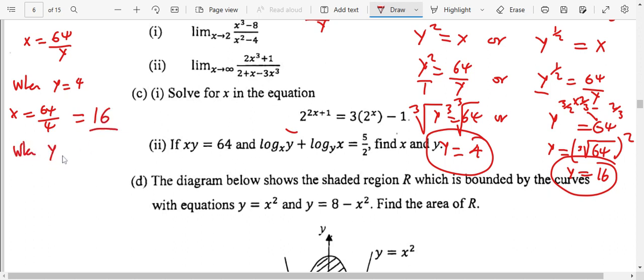And then when y is equal to the other value found, 16, then x is going to be 64 divided by 16, which is 4. So that is going to be it for this question.